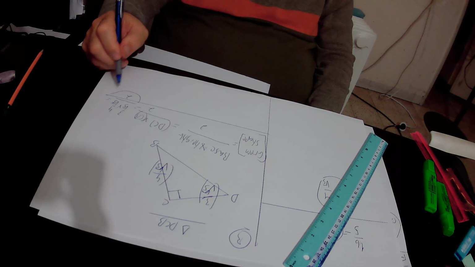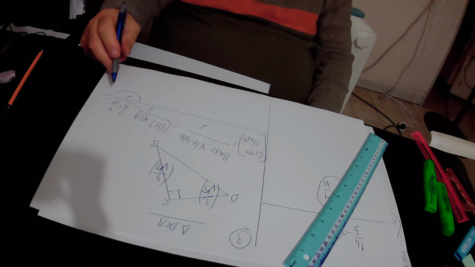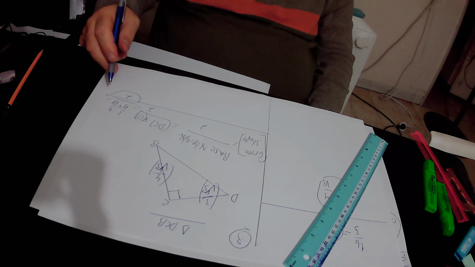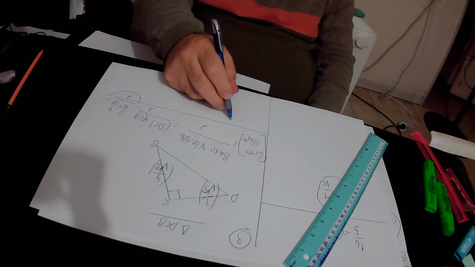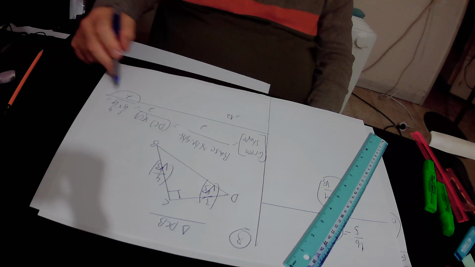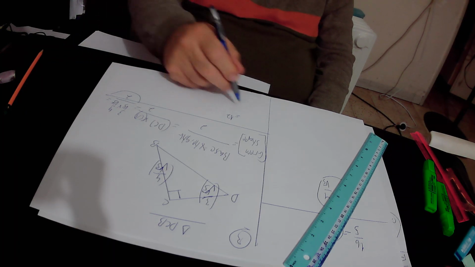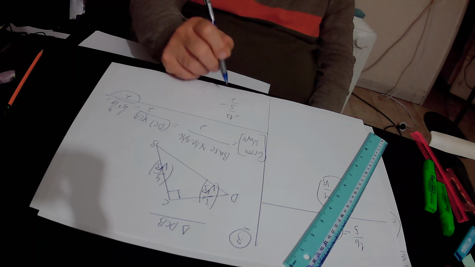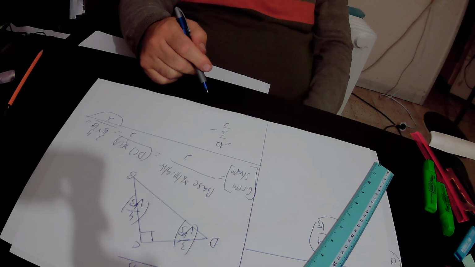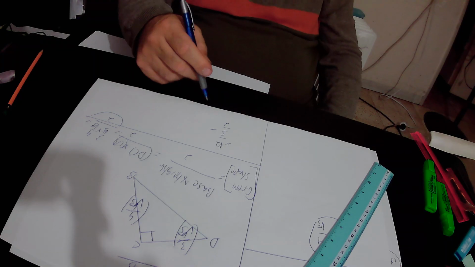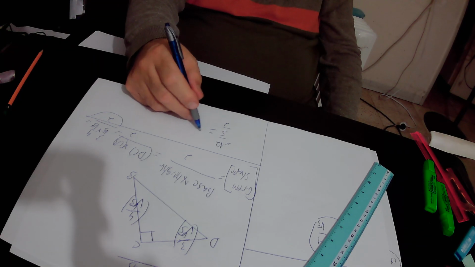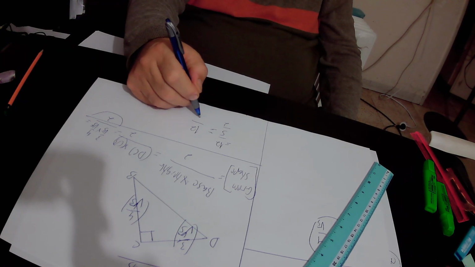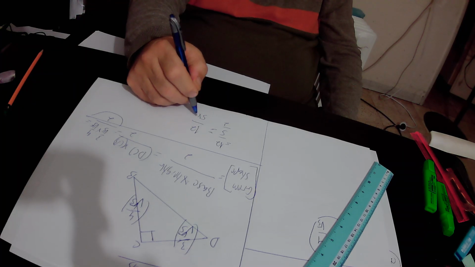So here we have 3 times 4 is 12. The square root of 5 times square root of 5 is 5, divided by 2. So here we have 12 over 5 over 2. 12 over 5 over 2 is equal to 12 over 5 times 2.